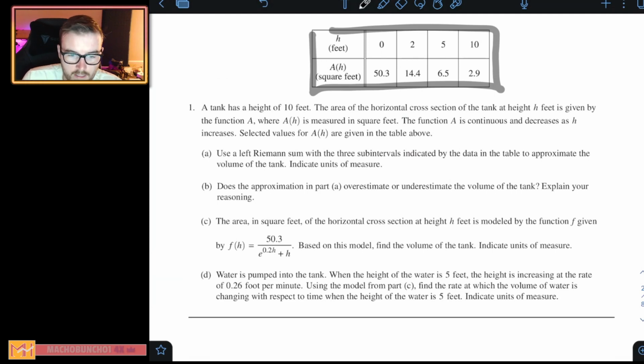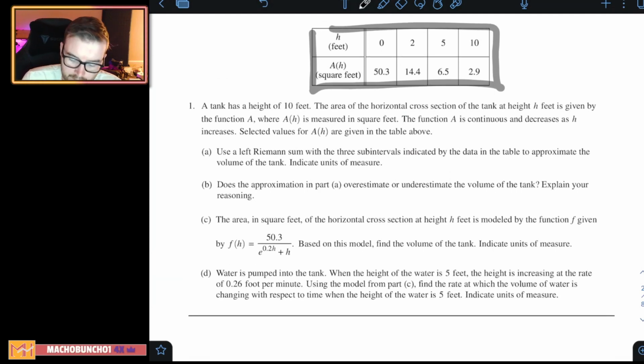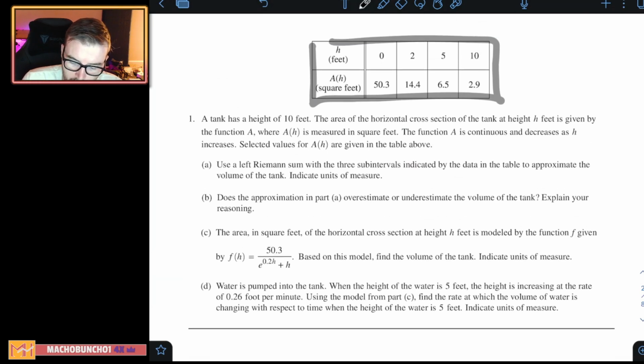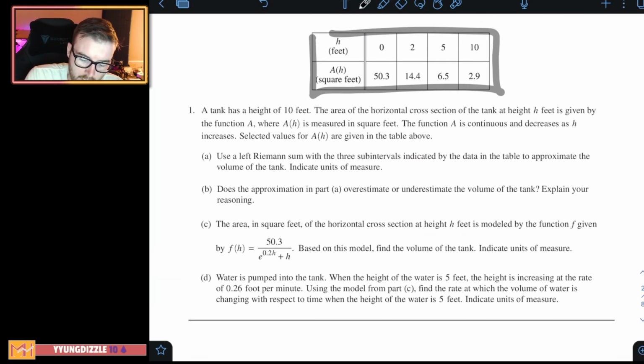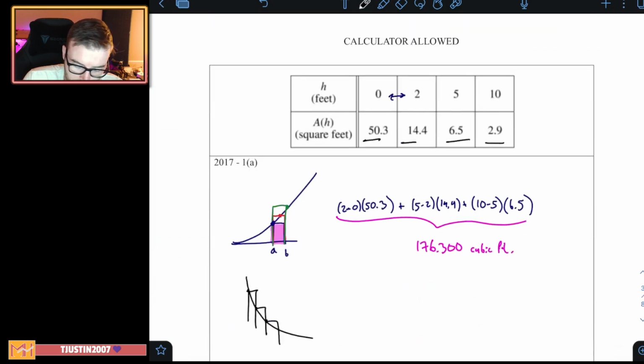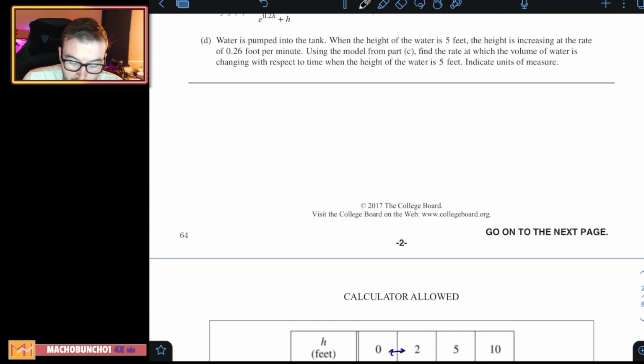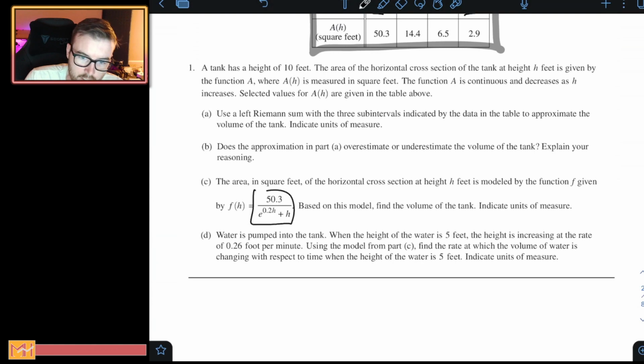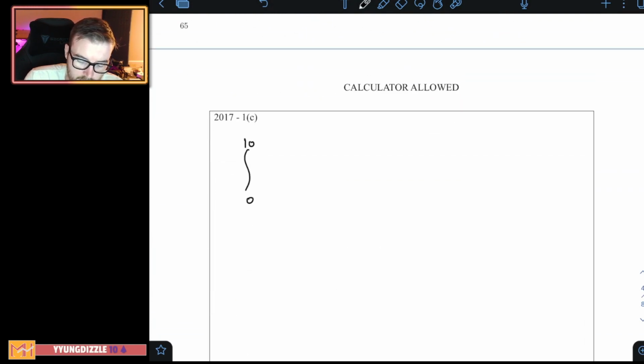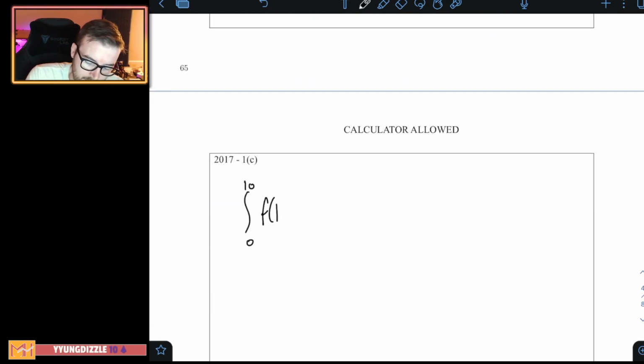All right, that's really all it comes down to, is integrating area to find volume. So what are the appropriate bounds? Well, you know you're going from 0 to 10, all right? So you just need to say, all right, my integral from 0 to 10, and you could bother with writing out this expression, but you really don't even need to do that. You just say from 0 to 10 of f of h dh. That's all you got to say. Okay?